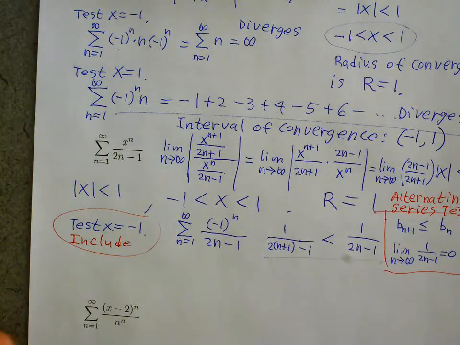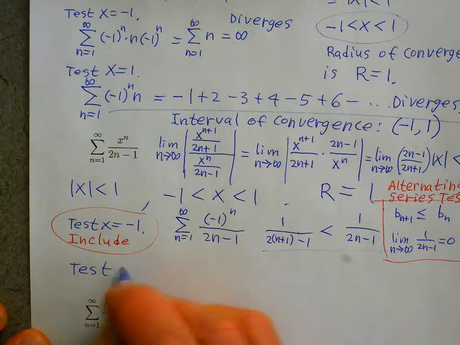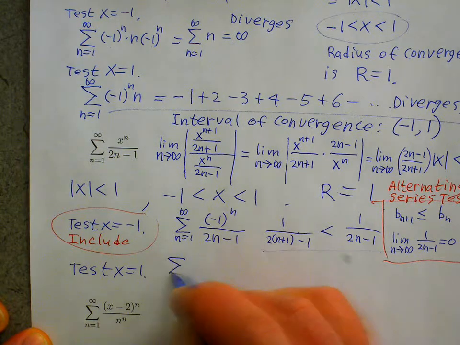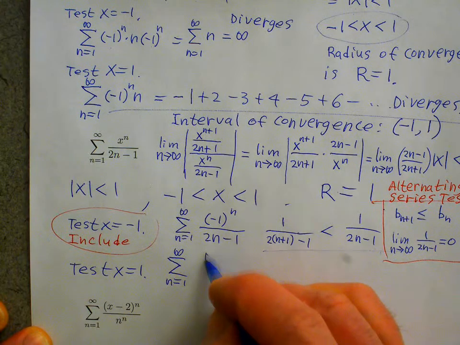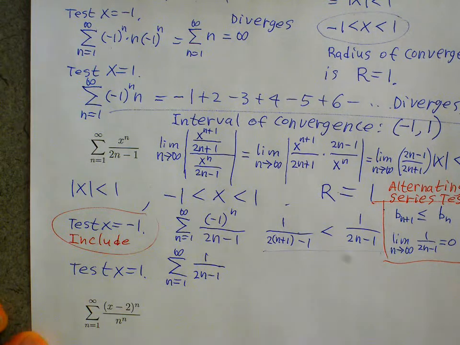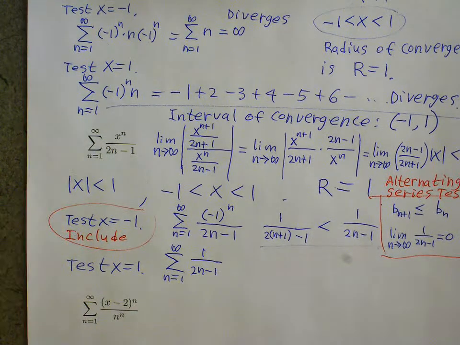Okay, now we have to test the other endpoint. Test x equals +1. So the terms are just 1 over 2n minus 1. Well, we've seen infinite series kind of like this, close enough.